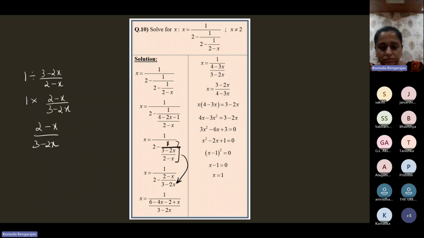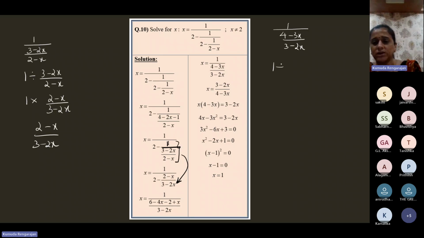Now again LCM. And you get 1 divided by this one. What do you get? See, this is actually 1 divided by (3 - 2x) by (2 - x). So here in the same way, we have 1 divided by (4 - 3x) by (3 - 2x).